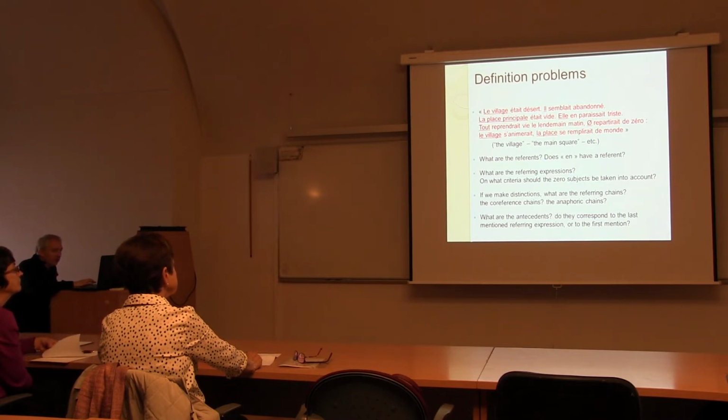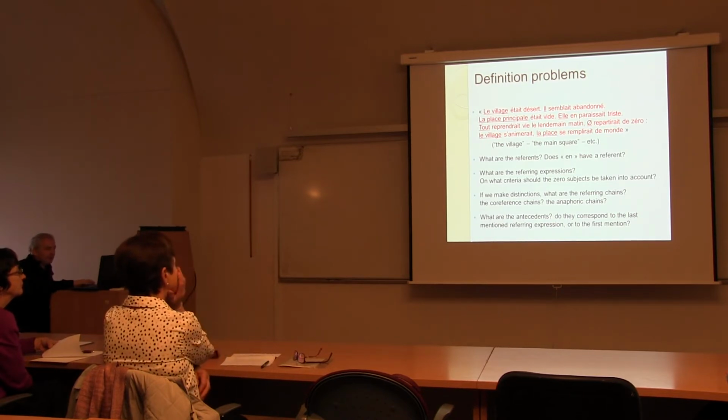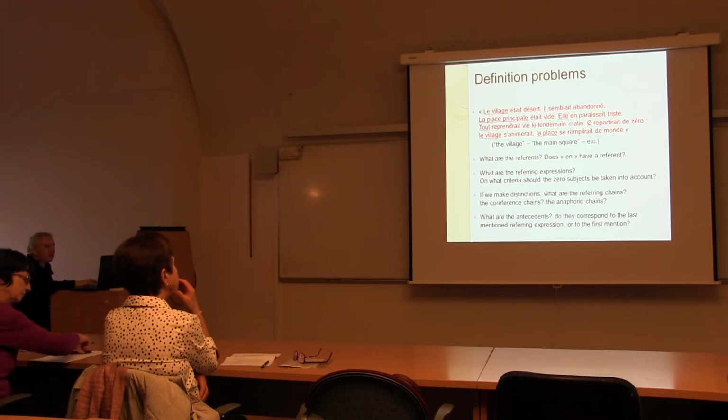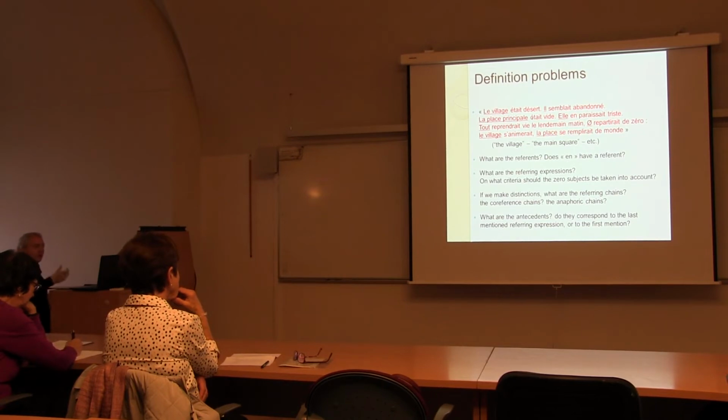Another example is what is the antecedent of an anaphora. For instance, the main square appears here and here. It is consensual that the antecedent of La Place Principale is the village, because it's a bridging anaphora and there is only one possible antecedent before the occurrence of La Place Principale.